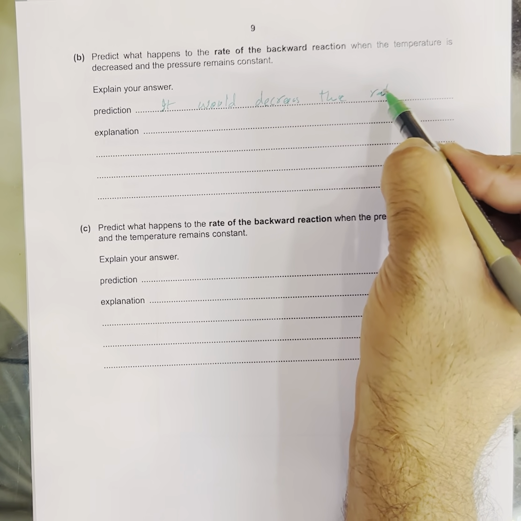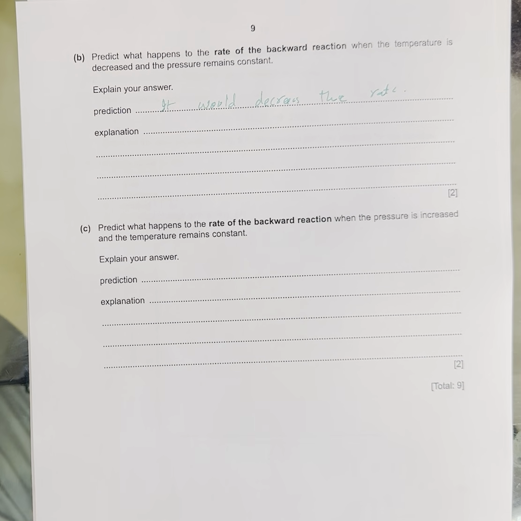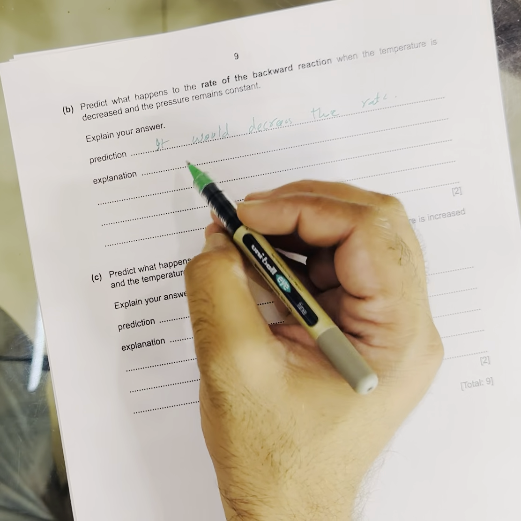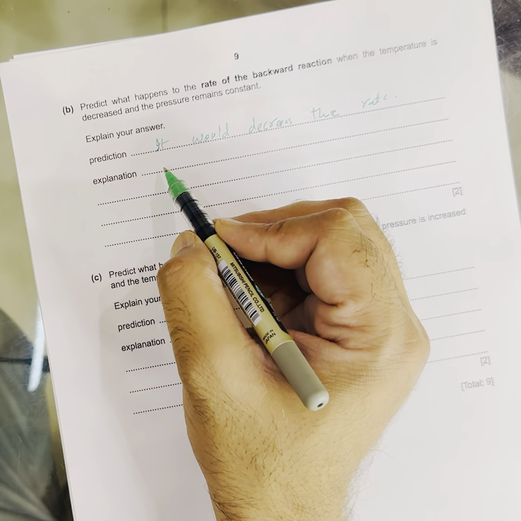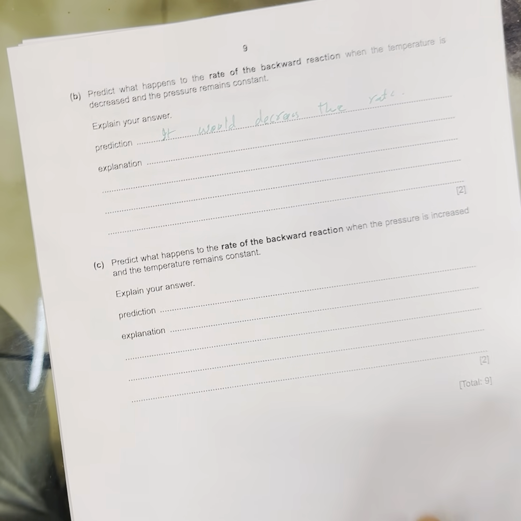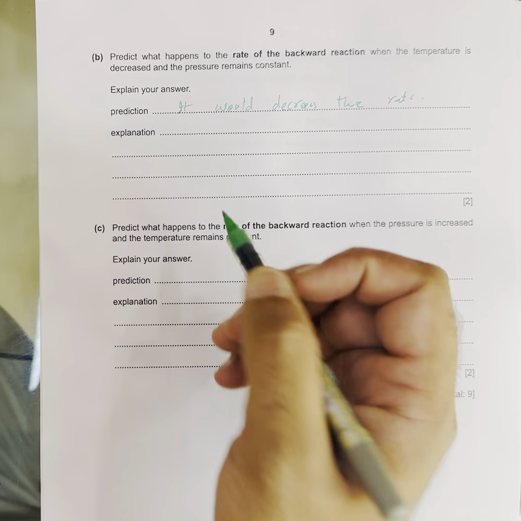The explanation of this answer would be the particles start to move slowly, they have less kinetic energy and less amount of collision. So we would write it like that.